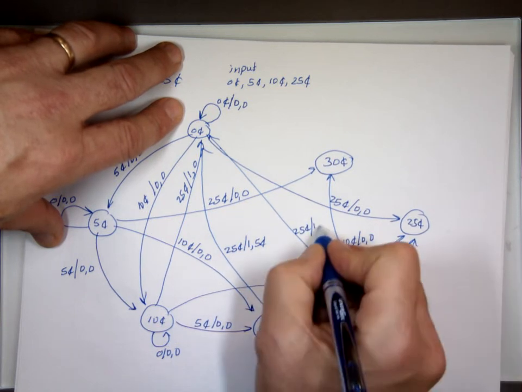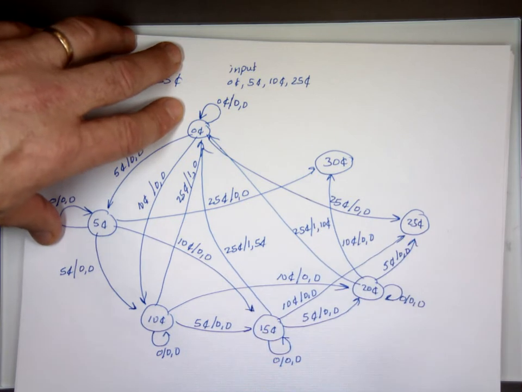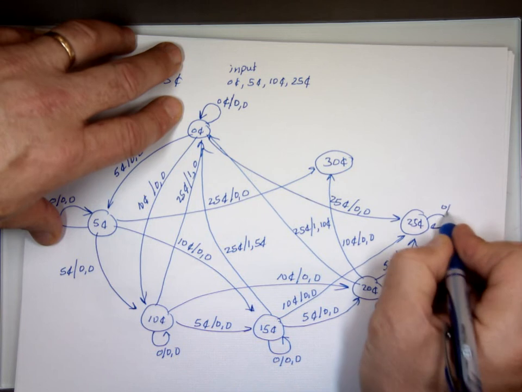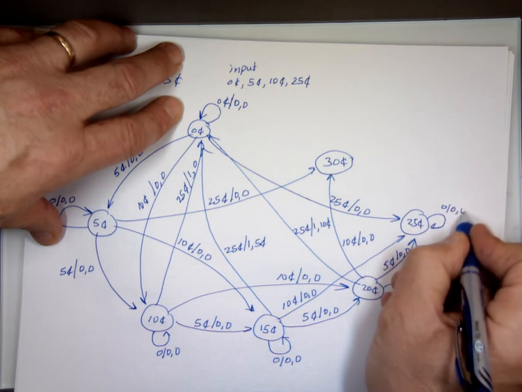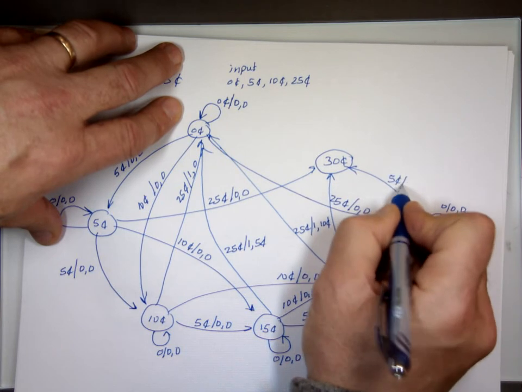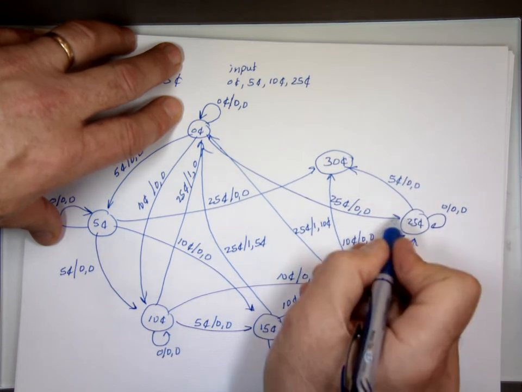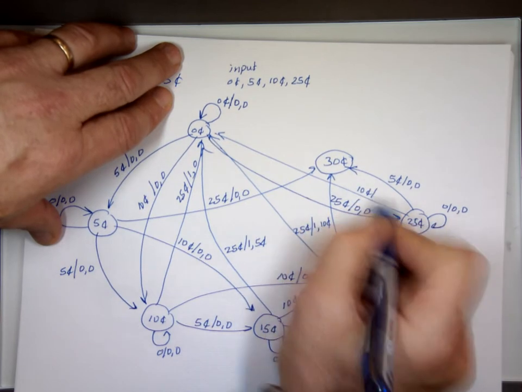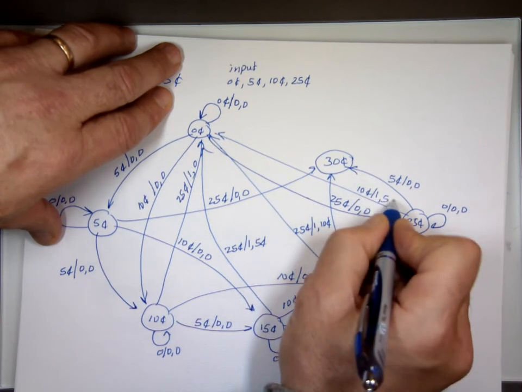You put nothing here, you stay there. 5 cents, you go here. 10 cents, you go here. And how much, candy and what, 5 cents back? Oh no, no change back. No change back at 35 cents.